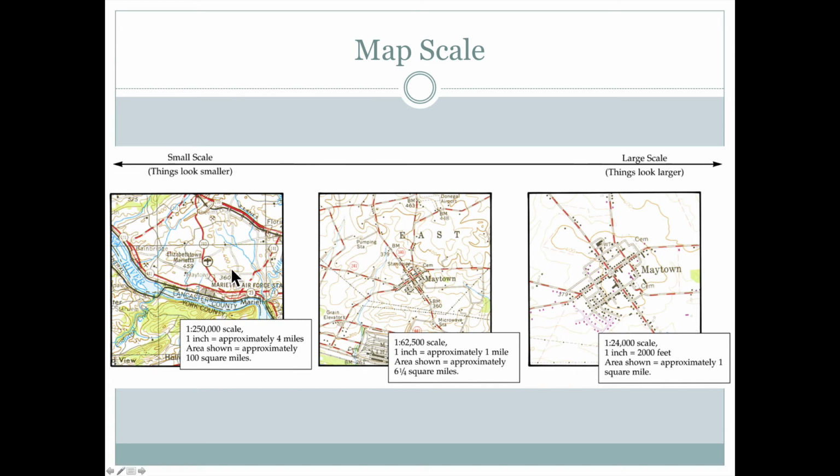So we have to be zoomed out for 1 inch to equal 250,000 inches. So we call these small scale maps even though they show a larger area, and we call these large scale maps even though they're zoomed in on a very small area. And here we can see Marytown, and how it's changing with the different scales.